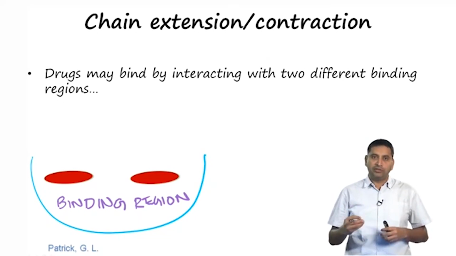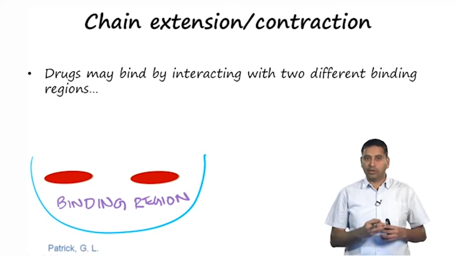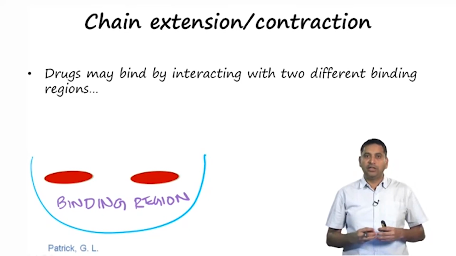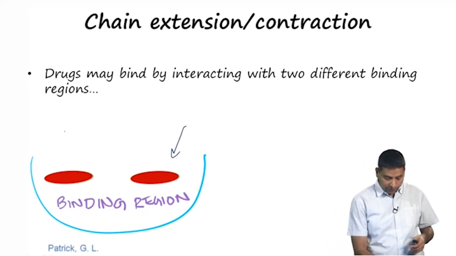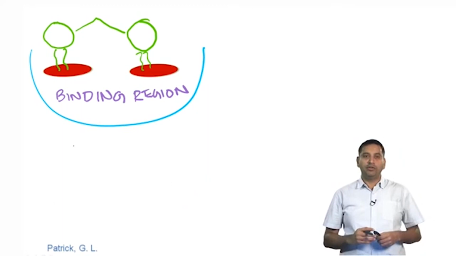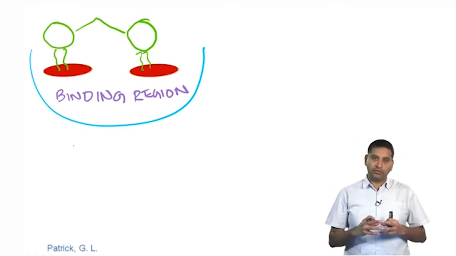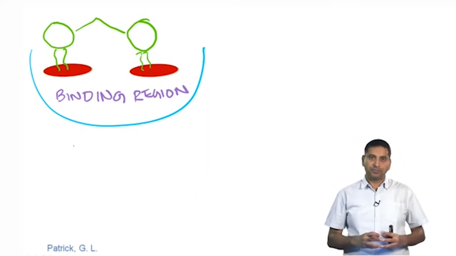Let us imagine that a drug interacts with a particular binding site, where two different binding regions are present. Here is the first one and here is the second one. Now, imagine that your lead compound binds to this.